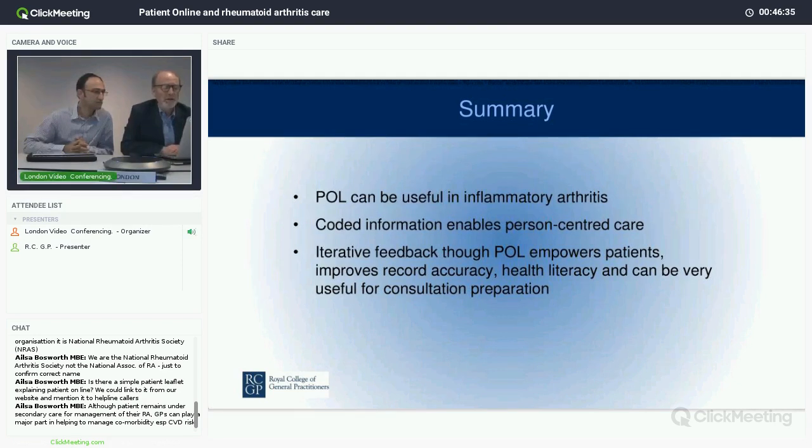First one is about whether patients are signposted to relevant patient organisations who can help as part of Patient Online.